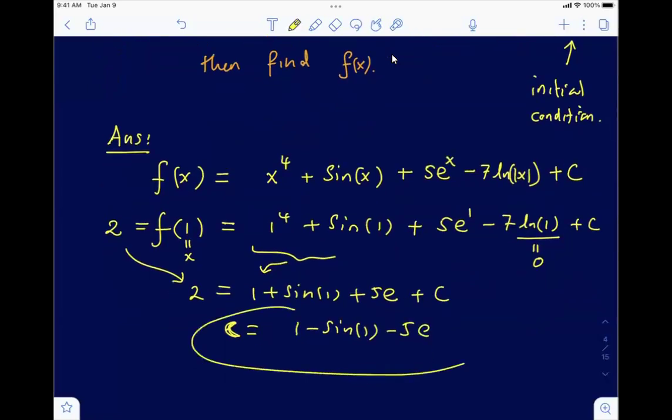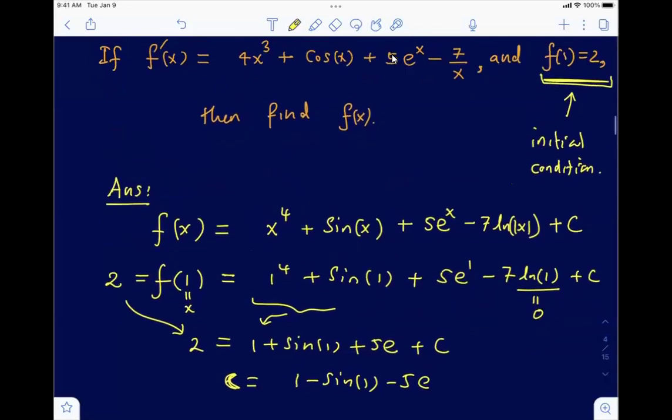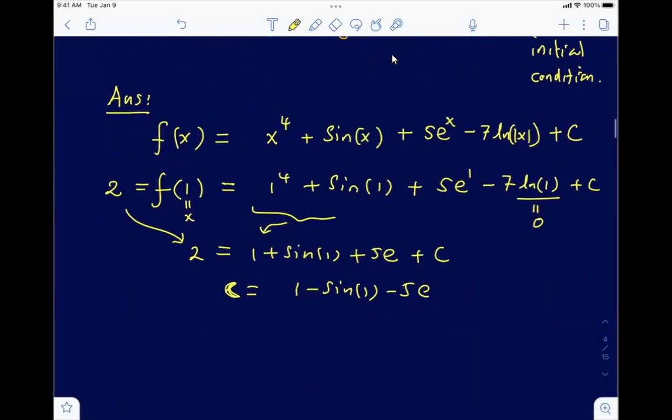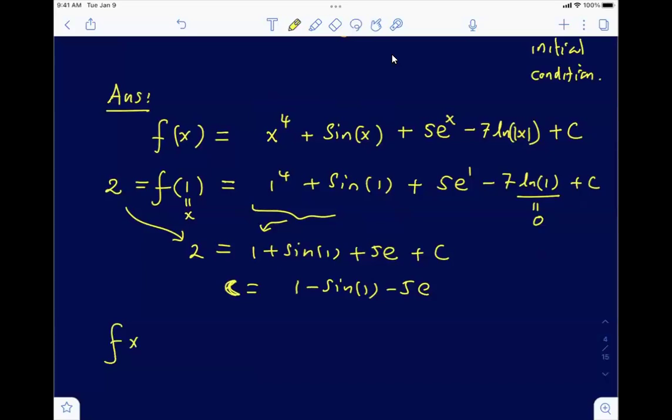And now just plug this value in the original expression for the function, and that would be your answer. F of x equals x to the 4 plus sine x, in the position of plus c, I'm going to have this entire term.